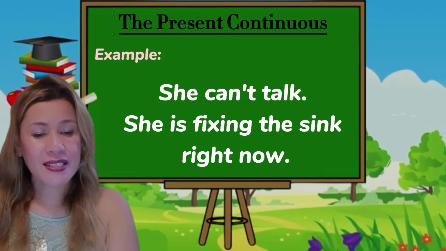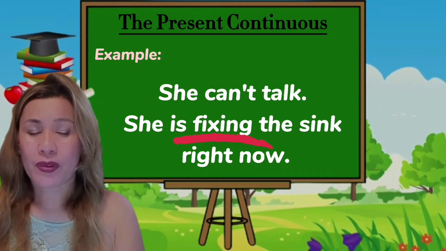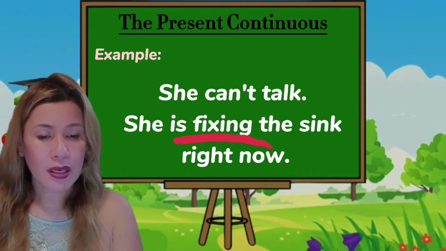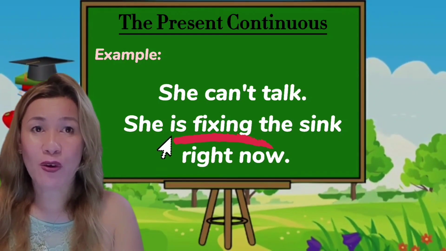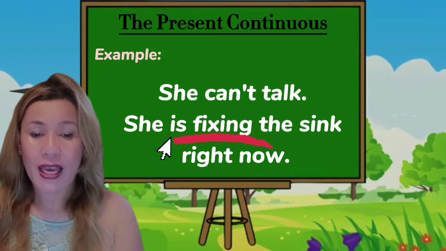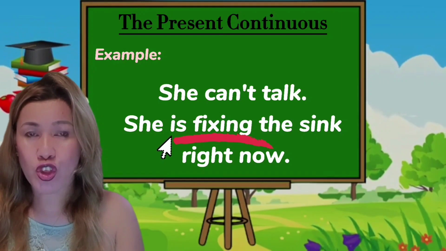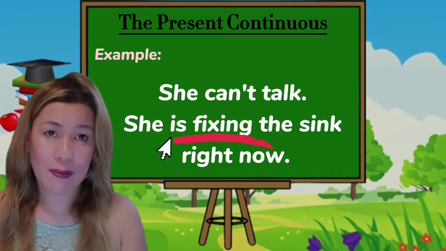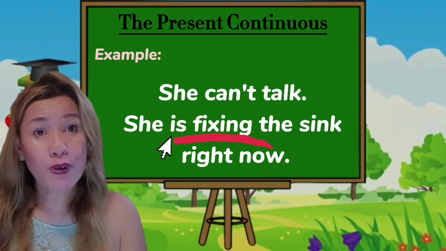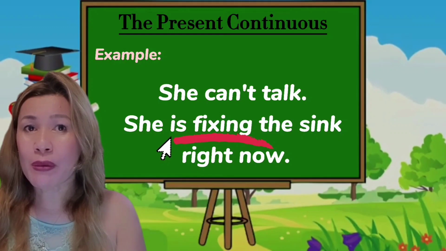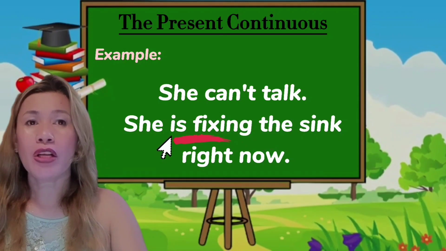She is fixing the sink right now. Is fixing. So our verb is introduced by a be verb is and is followed by fixing, which is an ing form of the verb. Is fixing because our subject she is singular. So if you have a plural subject, then you will use are, not is. And if your subject is I, it will be paired with am. Okay? So that's the present continuous.